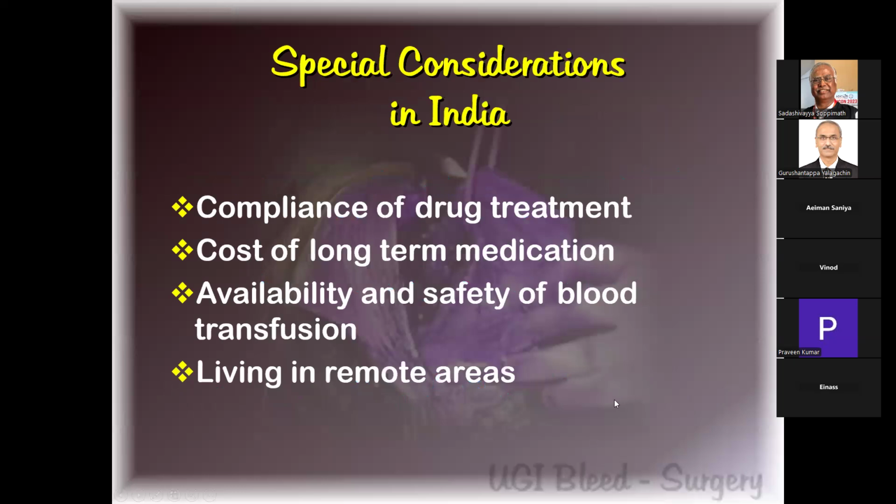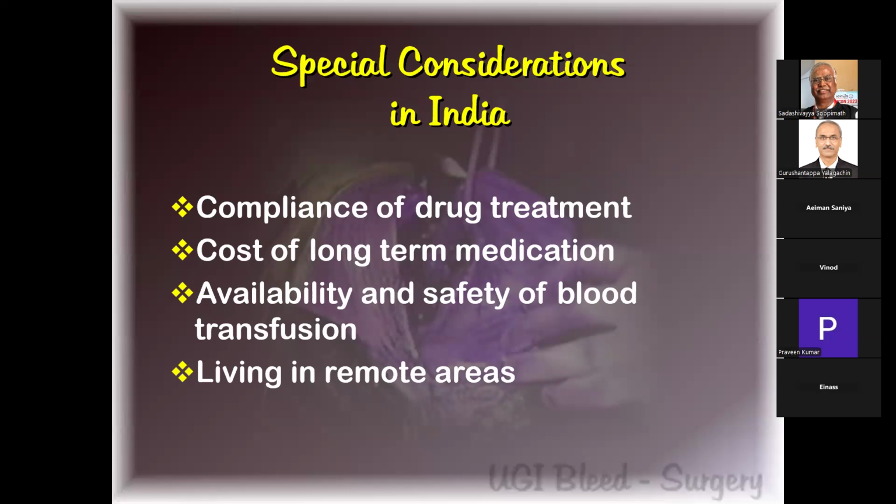And there are special considerations in India. To understand, you may talk about compliance, drug treatment. They may not be able to afford even simple medication. Even if they can afford it, they don't take it. That's why the cost of long-term medication comes in. And availability and safety of blood transfusion. They may rebleed anytime.